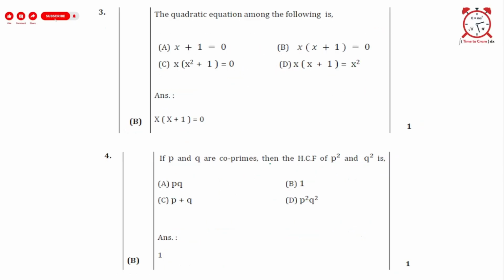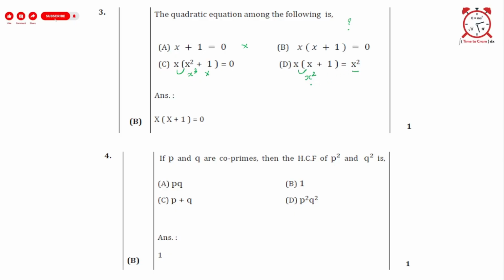Next question, question number 3. The quadratic equation among the following is dash. So this is not a quadratic equation. If we multiply x with x square, then it is a cube. So it is also not a quadratic equation. If we multiply x with x, then x square we are getting.